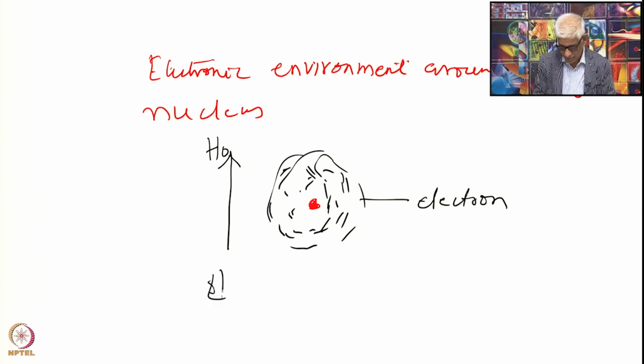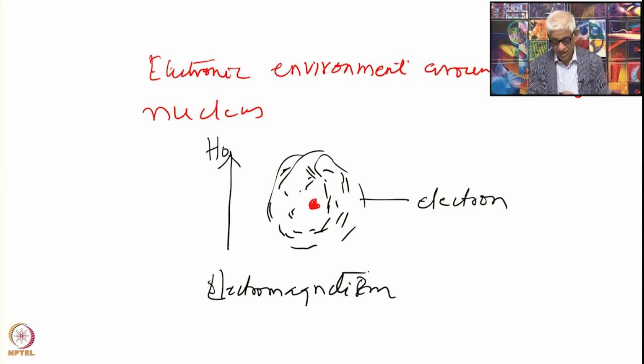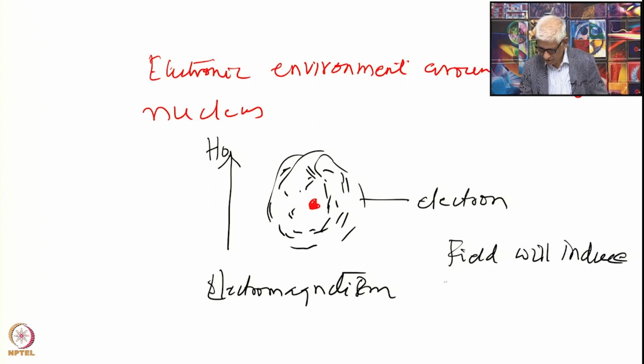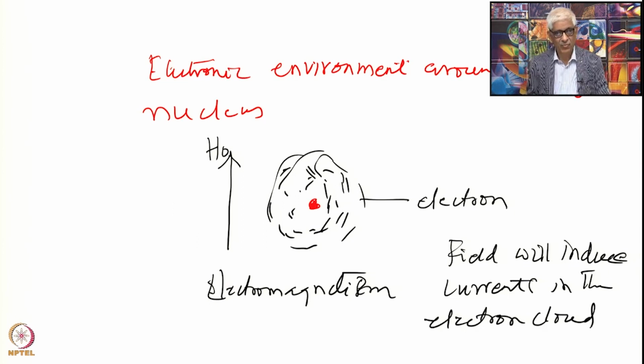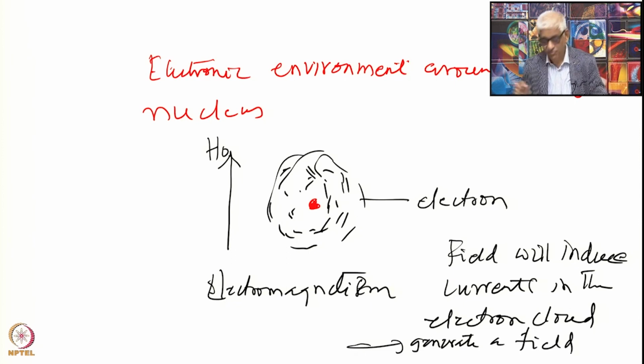We know from electromagnetism there is a law called Lenz's law: if you apply this field, it will induce currents in the electron cloud, and when there is a current going, it will generate a magnetic field, and this induced field will oppose the externally applied magnetic field.